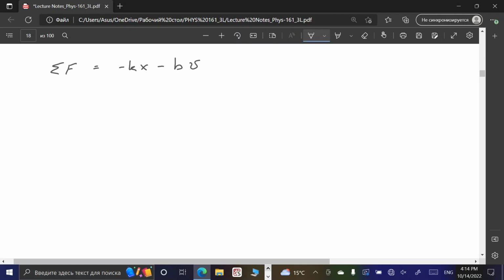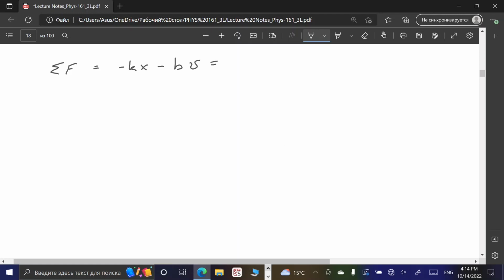It depends on several parameters like the shape of the body, the viscosity and density of the liquid, and also the surface condition of the body, what the roughness of this surface is. So there are many parameters which are embedded into this parameter b.